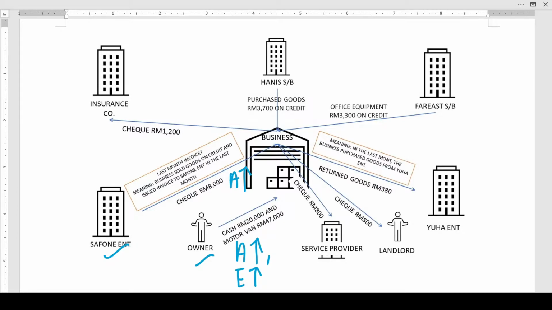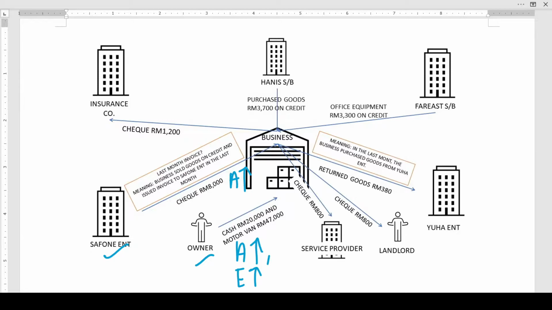But what about the last month invoice? How did Safwan receive an invoice from the business, and why does Safwan need to settle the amount of money to the business? It means that in the previous month the business sold goods on credit and issued an invoice as a source document, as evidence, to Safwan Enterprise.